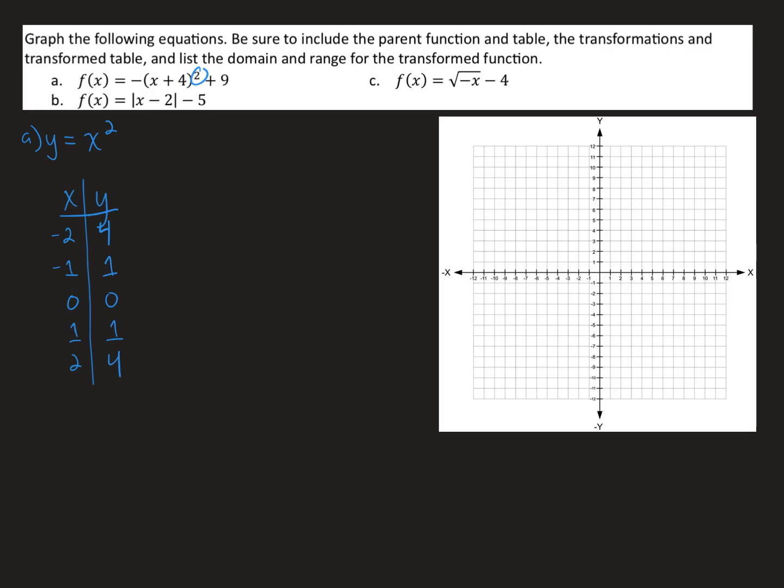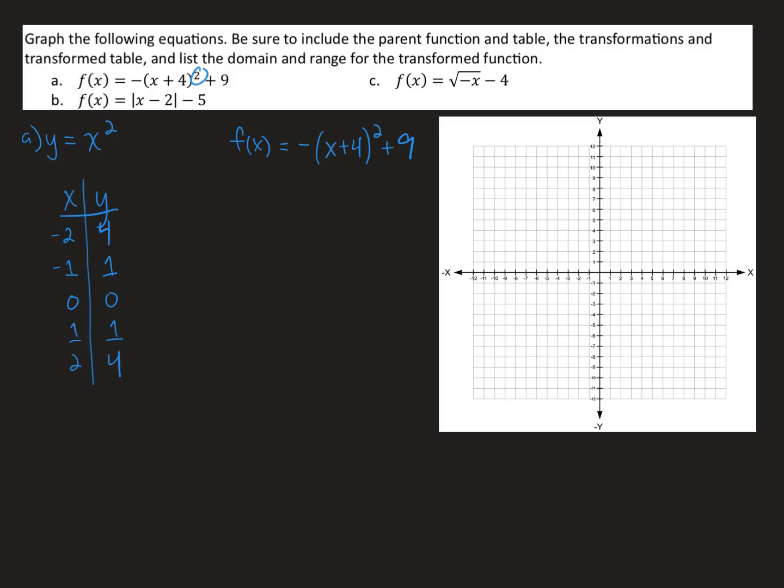From here, we just go through and apply all of those same ideas from the previous couple examples. We have f of x equaling -(x plus 4) squared plus 9. And what this means is that since this +4 is grouped up with x, it will move the graph horizontally.